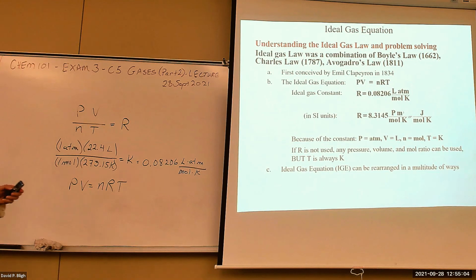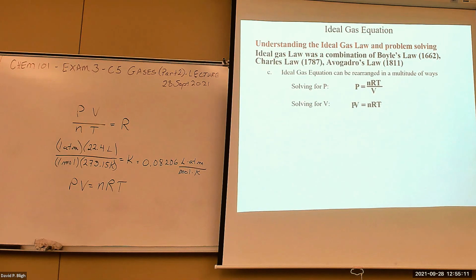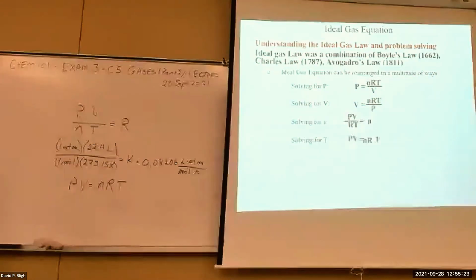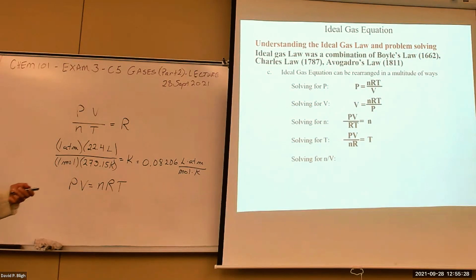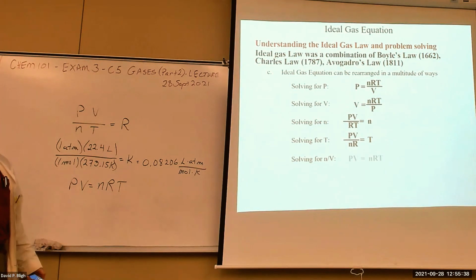Okay, so this equation can be rearranged in a multitude of different ways. And this is just an animation to show that you can rearrange the equation for the unknown. Let's do T, and then there's another one right after this. Suppose what you need to know is not necessarily just one of those variables. Maybe you need to know the ratio of variables. Just solve for the ratio.